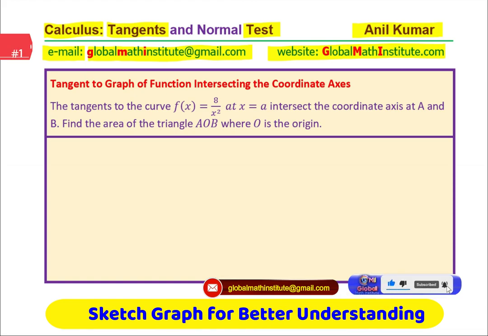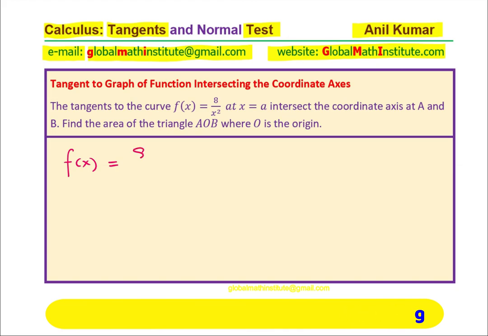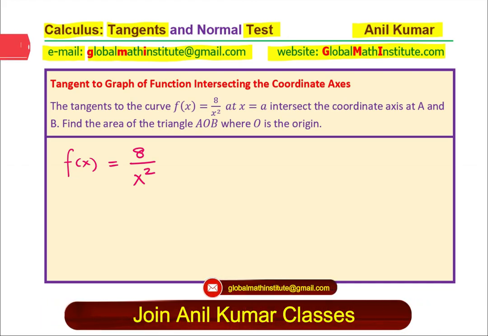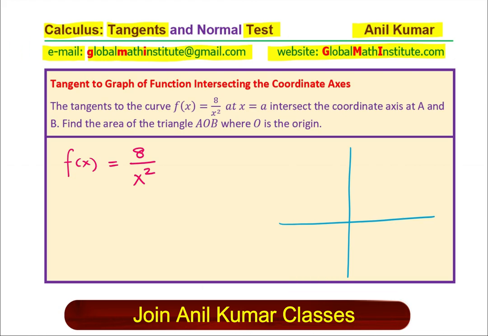The function f of x is equal to 8 over x squared. Now, how do we sketch this particular function? Let's try to understand that part also, as it may be useful for many students. We notice that it is always positive, right? X squared will always be positive. We'll begin with the graph of x squared.